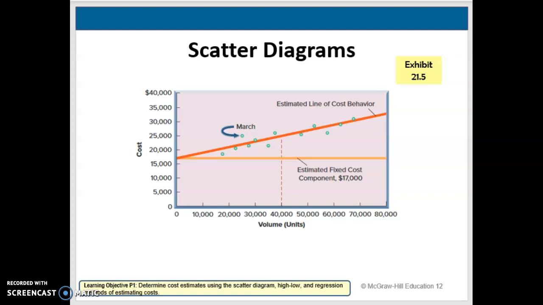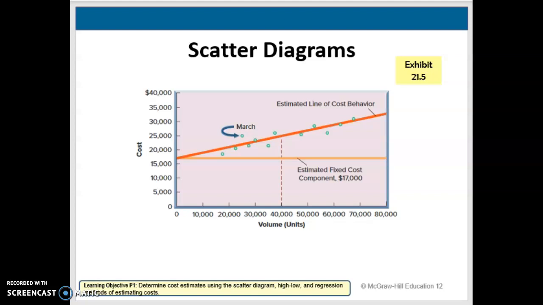In this case, it's 40,000 units, and it typically is going to intersect at about the $24,000 cost. If we use that as one of our points, and then we look at the cost corresponding to 0 units, that's around 17,000. So at 0 units, we have 17,000. That's our estimated fixed cost component.